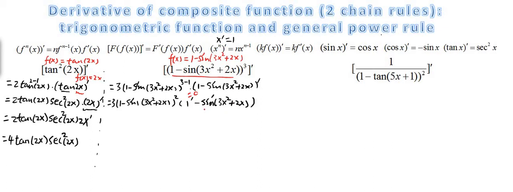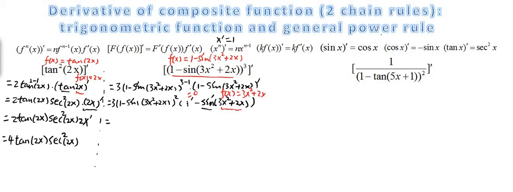And for the second term, derivative of sine 3x squared plus 2x, we can follow this chain rule. What is capital F? Capital F is sine. What is little f(x)? That is 3x squared plus 2x. Okay, and we can simplify this.